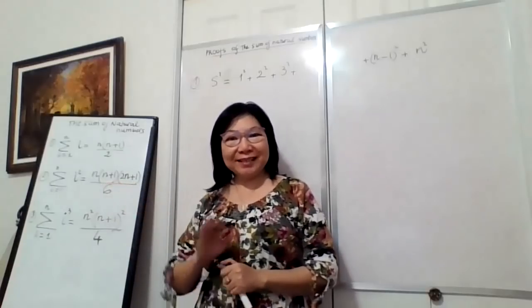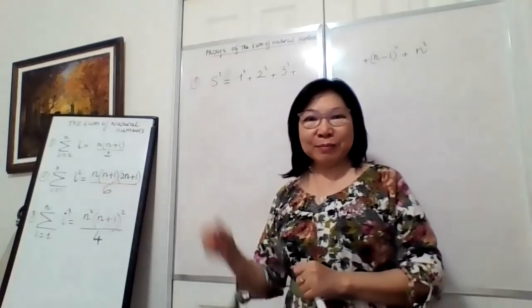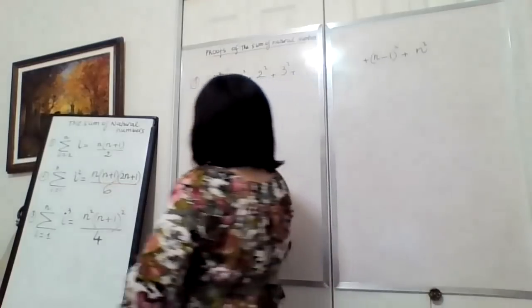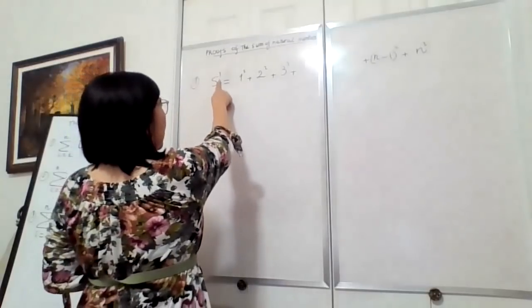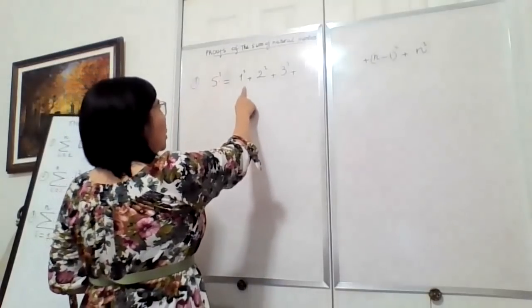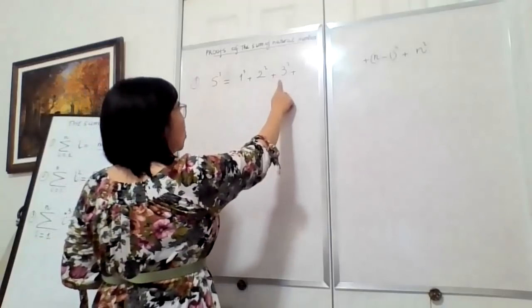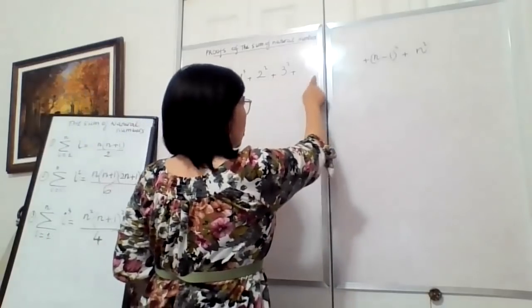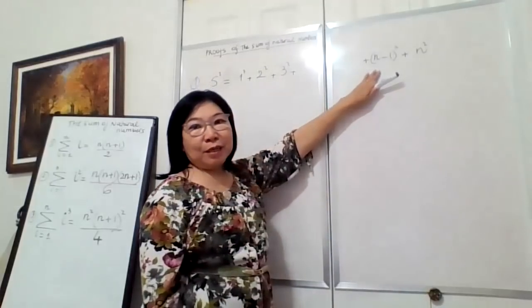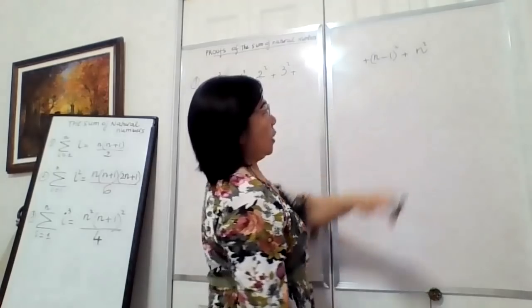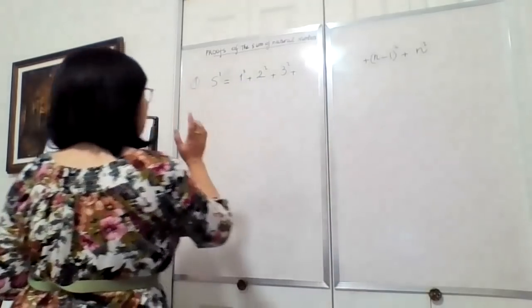This proof will be a lot more difficult, but let's take a look. Let's say I have a sum of the natural squares, so I put S equal 1 square plus 2 square plus 3 square plus 4 square and so on until we hit the previous term, n minus 1 square plus n square. So that is the sum.